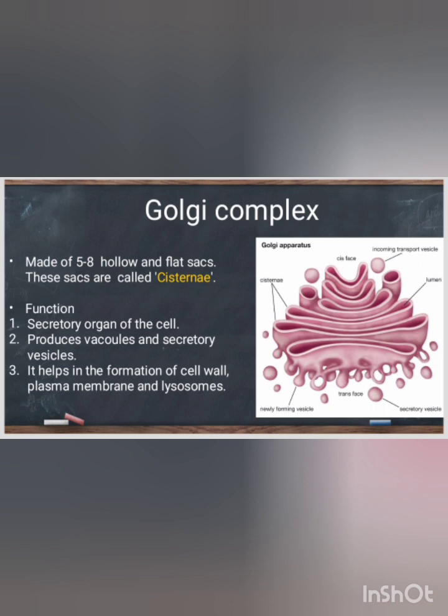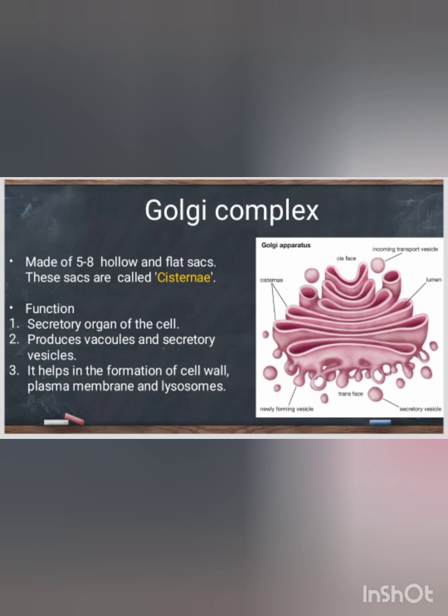Golgi complex. It is made up of 5 to 8 hollow and flat sacs placed parallel to each other. These sacs are called cisternae and are filled with different enzymes. The proteins coming from ER are enclosed in vesicles which come towards Golgi complex via cytoplasm.